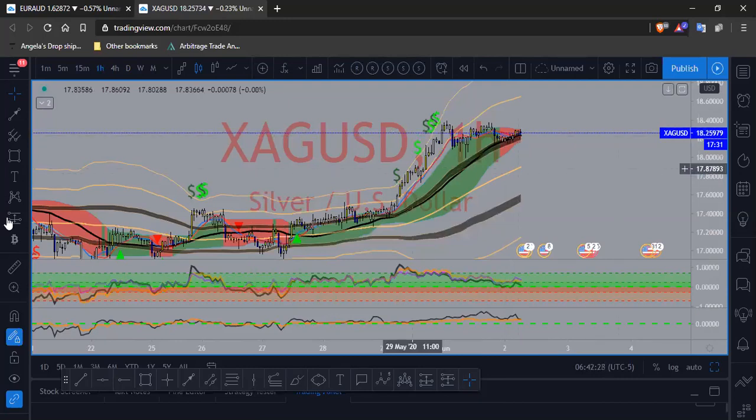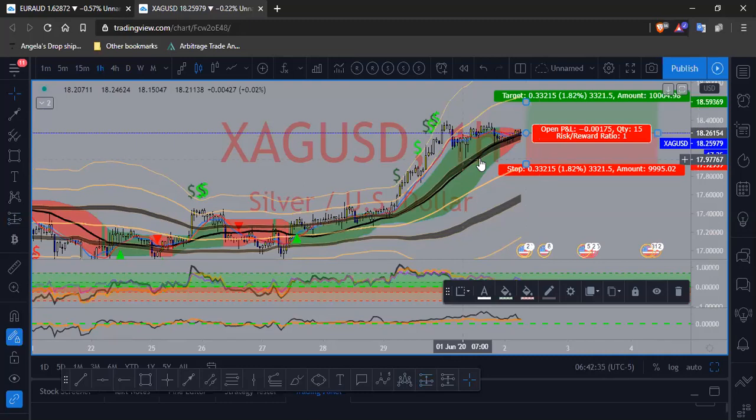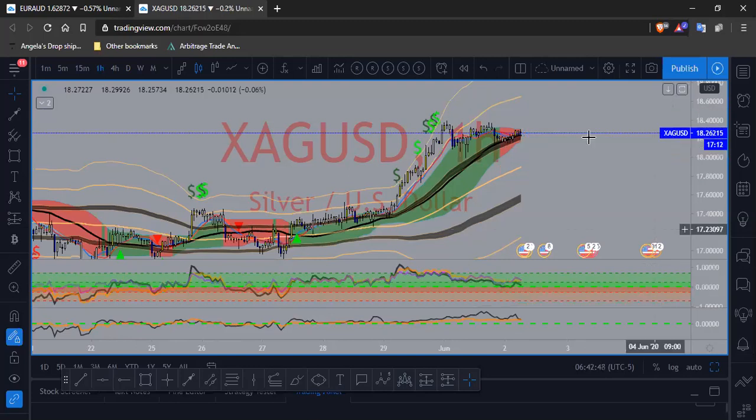And likewise, if I were to buy, I'd probably put my stop loss at 17.98 or 17.97. But that's if I were to buy right here. I'm not really a fan of buying when price is this high, but if price continues to buy, then why not, right?